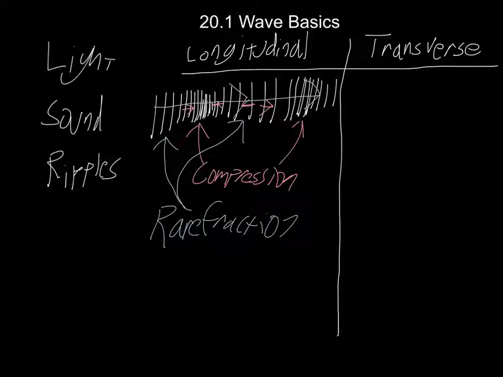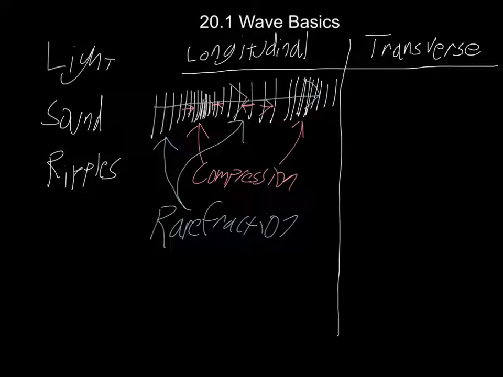I know it's kind of hard to see because I have all those things drawn on top of each other, but if you look at this spot here, it's compressing in from the left and the right. And then here it's spreading out from the left and the right. So the disturbance in the medium is left and right, and the motion of the wave overall is from left to right. So that gives us a longitudinal wave.